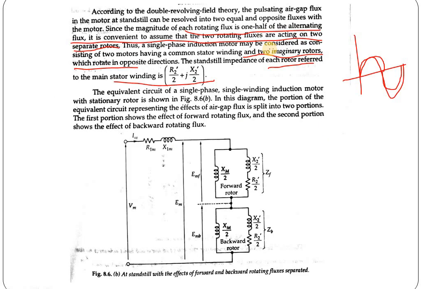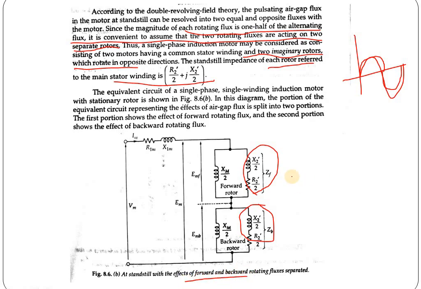So our rotor is now divided into two parts, one for the forward field and another for the backward field. The equivalent circuit of the single phase induction motor with stationary rotor is shown in figure 8.6 here.